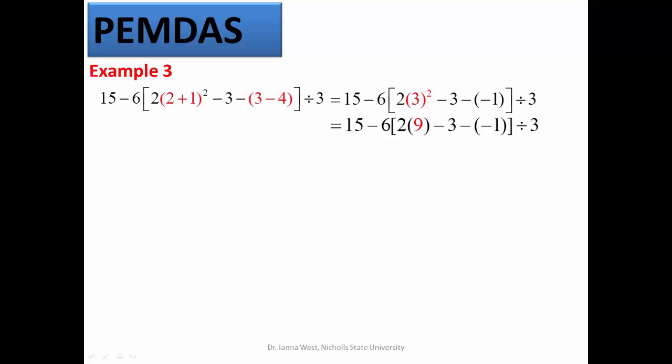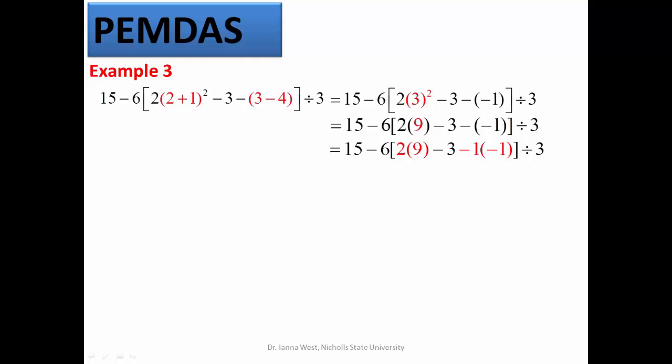The next operation that we must perform is the multiplication that is inside of the brackets. That is, we will multiply 2 times 9 and negative 1 times negative 1.